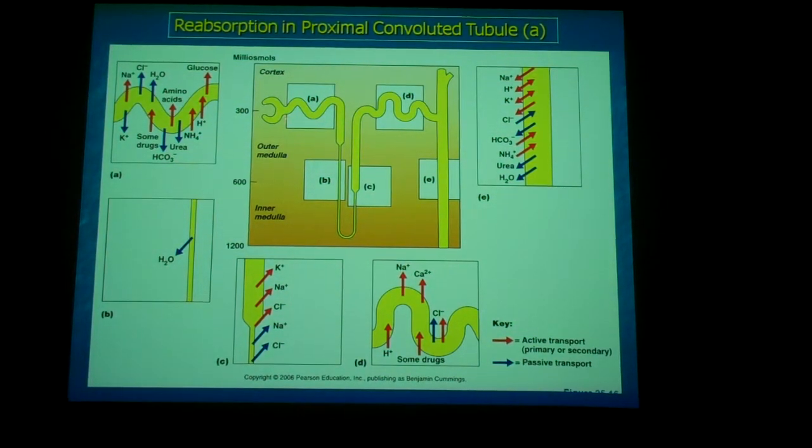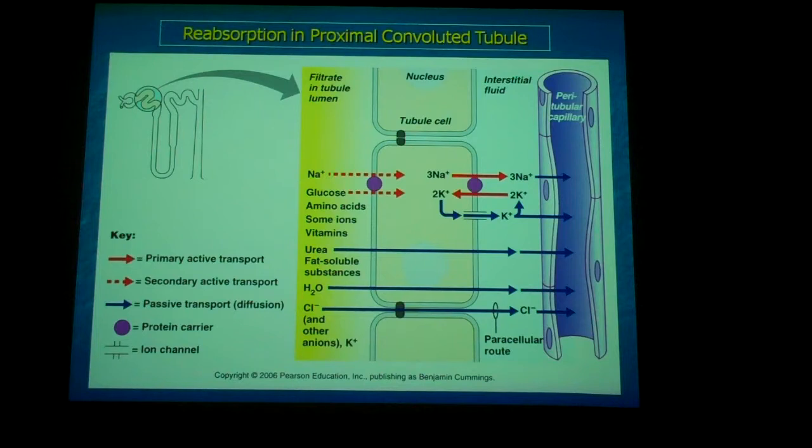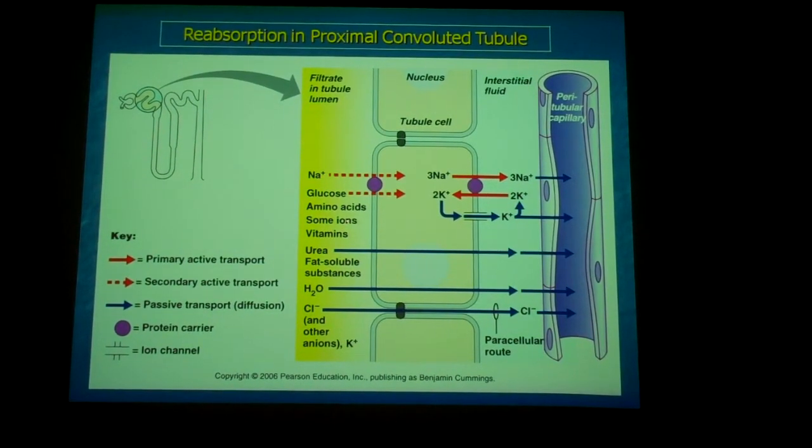So, in our course down the system here, this is where we are right now. This is what's happening in the proximal convoluted tubule. It's a busy place, isn't it? So this is an example of the kinds of things that happen in the proximal convoluted tubule. Here's tubular fluid, tubular cell, peritubular fluid, blood. So notice that here's an example of co-transport right here. Sodium and glucose are moving in the same direction.